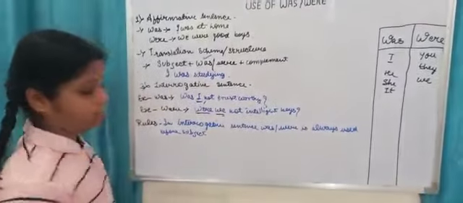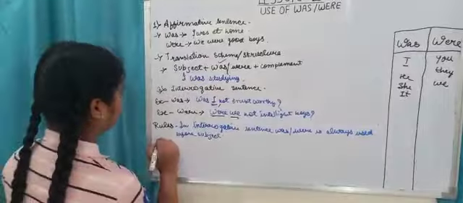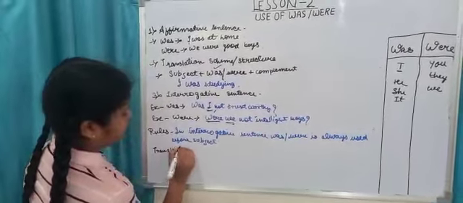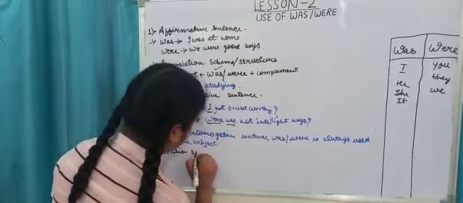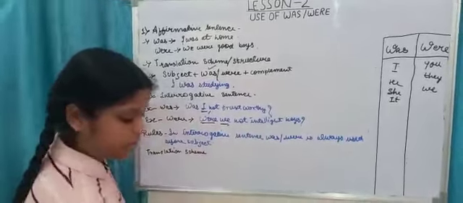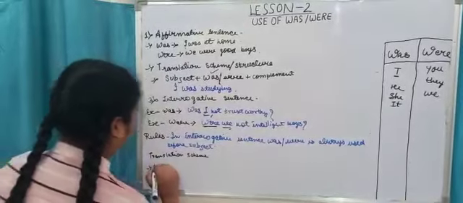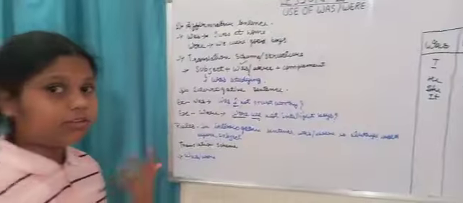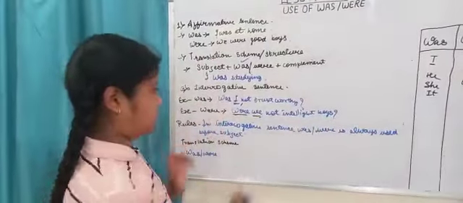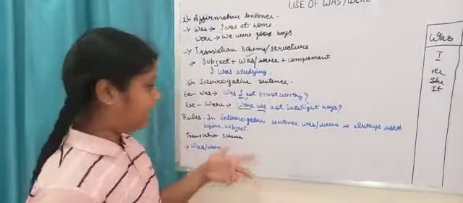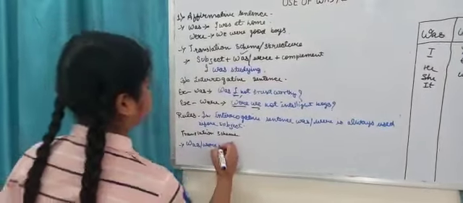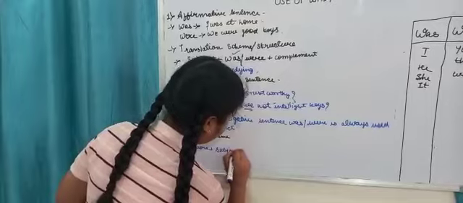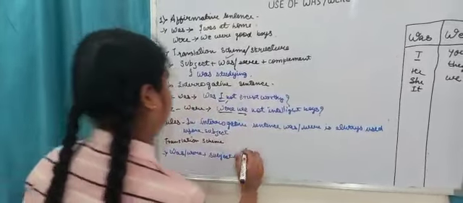Now we will talk about the translation scheme, or the structure. The translation scheme is was/were plus subject plus complement. You don't need to learn the translation scheme. Once you see the sentence, you will automatically know what our translation scheme is.